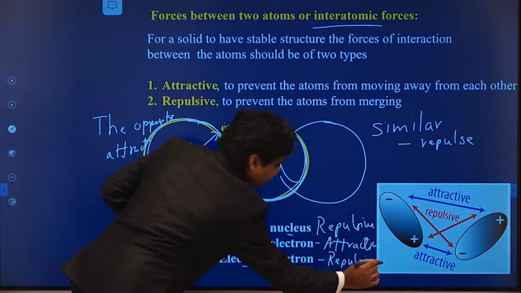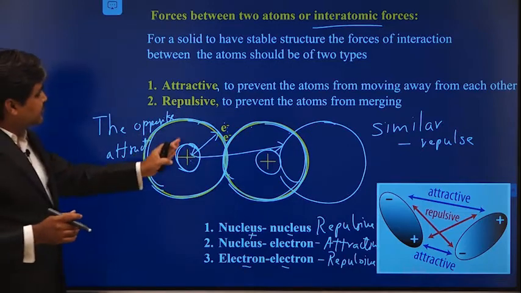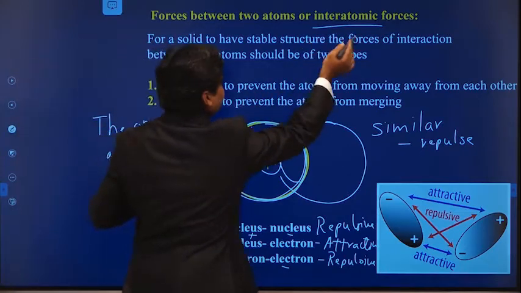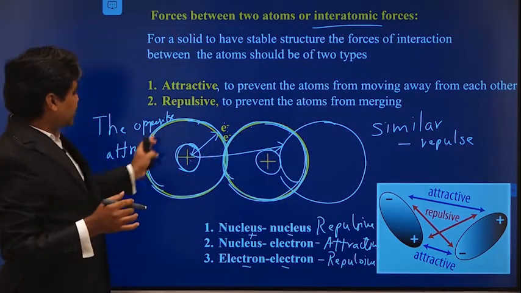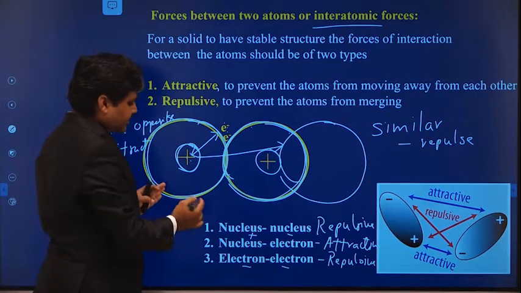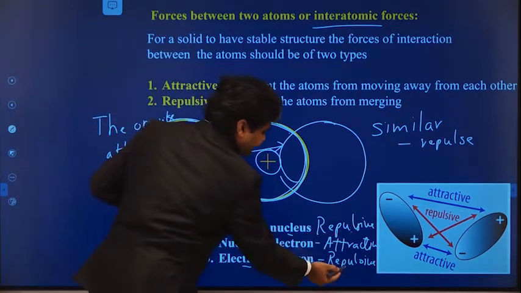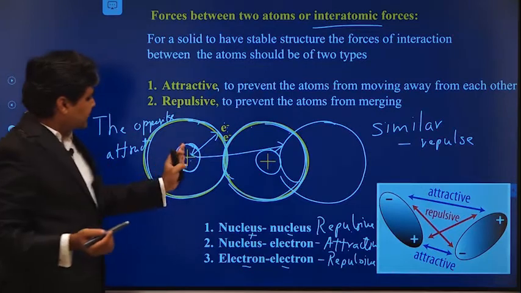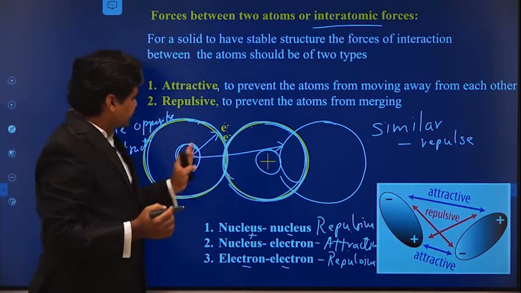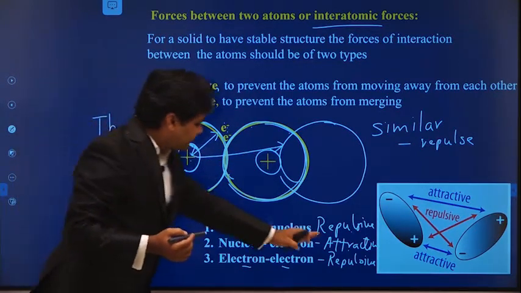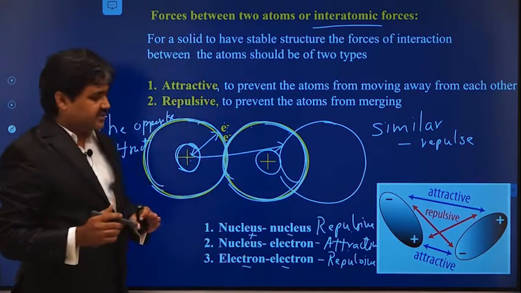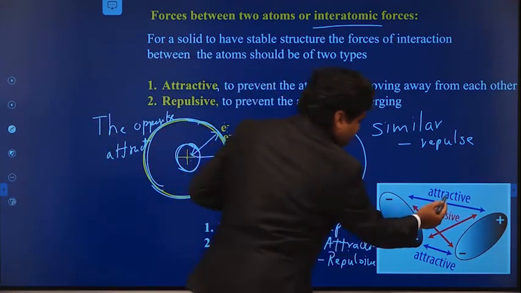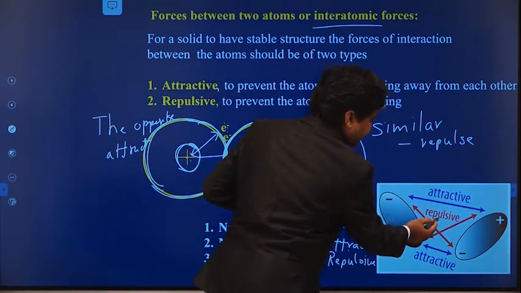So the interatomic forces mean the forces between the two atoms. What kind of forces do we have? We have repulsive forces as well as attractive forces. The repulsive forces are between similar charges and the attractive forces are between opposite charges. So here we have both attractive and repulsive forces.